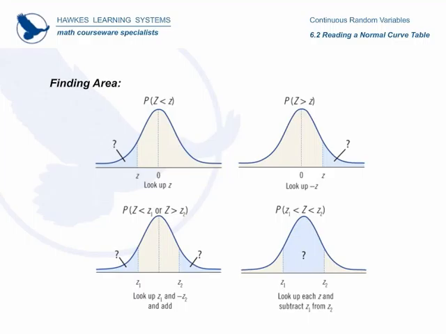Next, we're finding the area to the right. And then on our bottom two pictorials, moving left to right, we can see that we're finding the areas in the tails. And in our last pictorial, we can see we're finding the area between Z sub 1 and Z sub 2. This is a helpful group of pictorials in terms of thinking about the concept of finding the area under the curve.